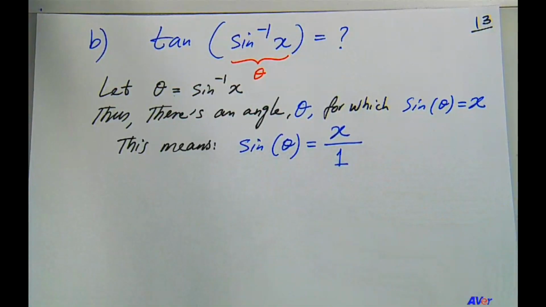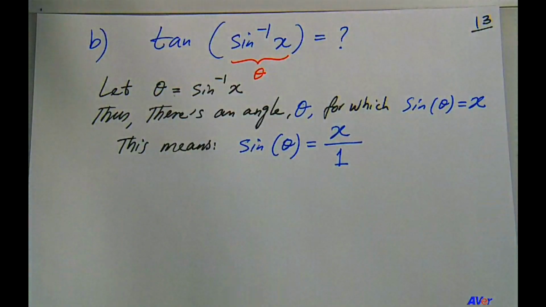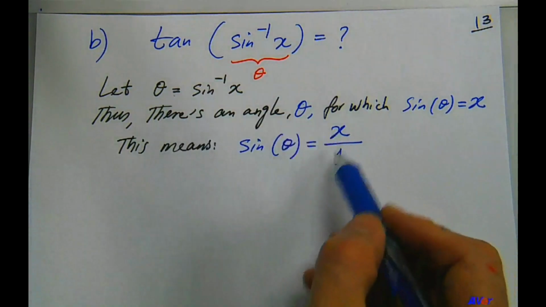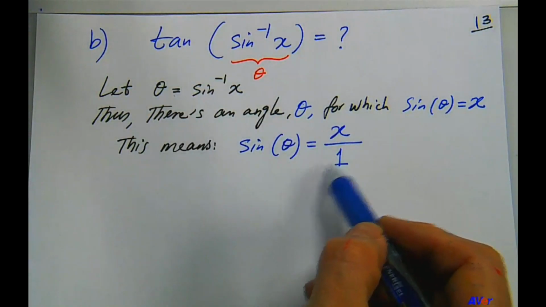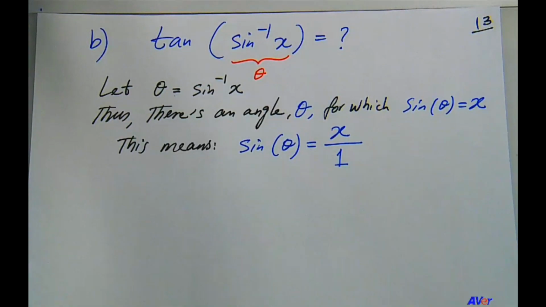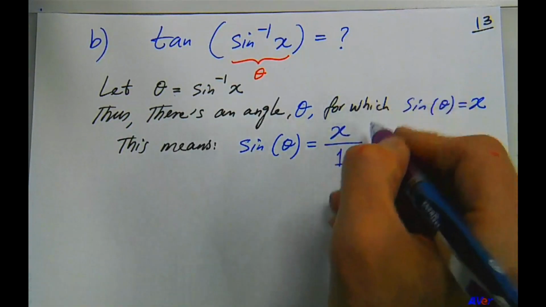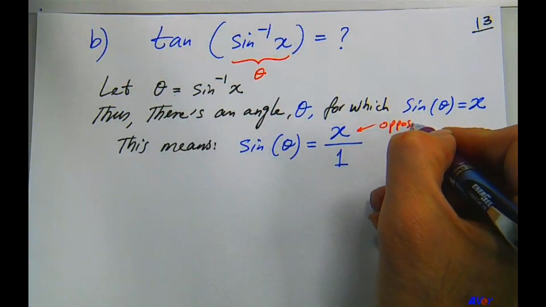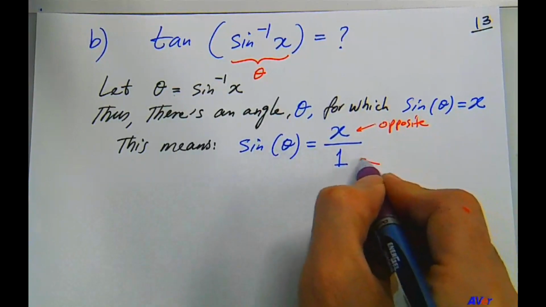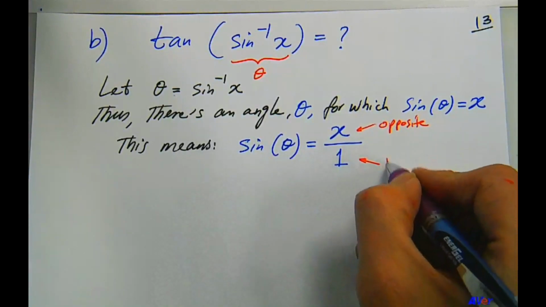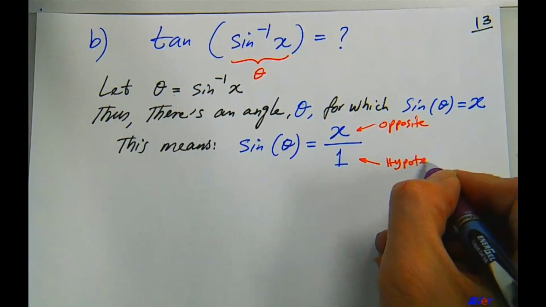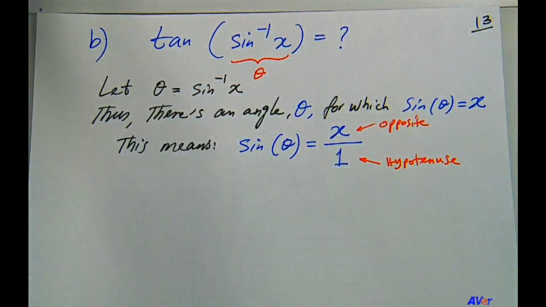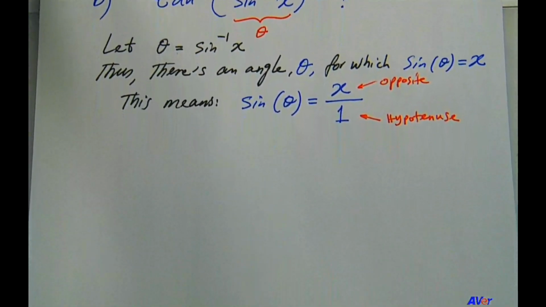On the previous example, you may have thought that it was very silly when I wrote it like that, right, but now you see where I'm going with this. So there's a good reason for that. We know that this x here is the opposite of that angle, and this 1 must be the hypotenuse of that triangle that we are going to draw in a second.